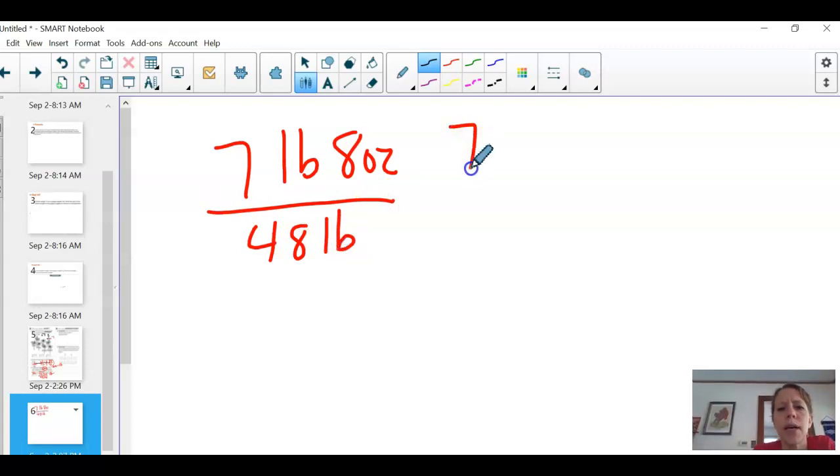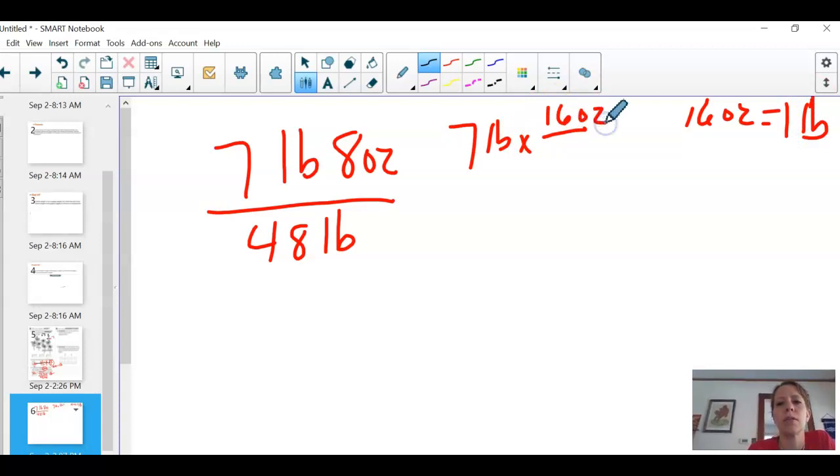I have 7 pounds, and we said 16 ounces equals 1 pound. I want that pound to cancel out, so I'm going to put the 16 ounces over the 1 pound. Same as 1, just like we were doing earlier, pound and pound cancel.